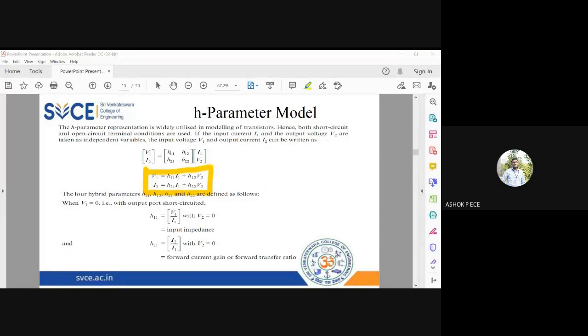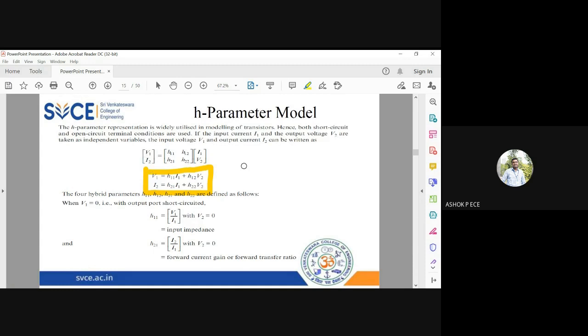See, I don't know anything about the two-port network, correct? So what is unknown then? What is unknown in the equation? H11, H12, H21, and H22. Yes. All the H parameters are unknown to me because I don't know the value of those parameters. But what is known to me?